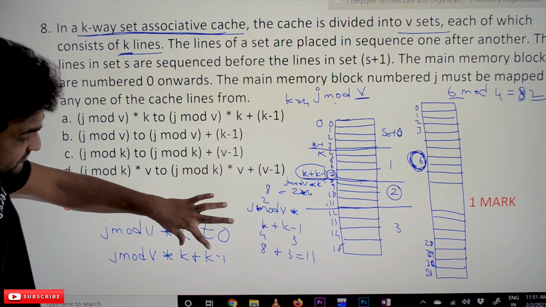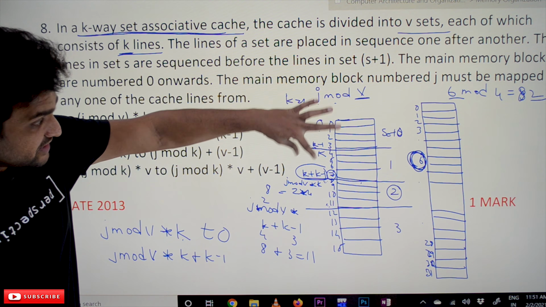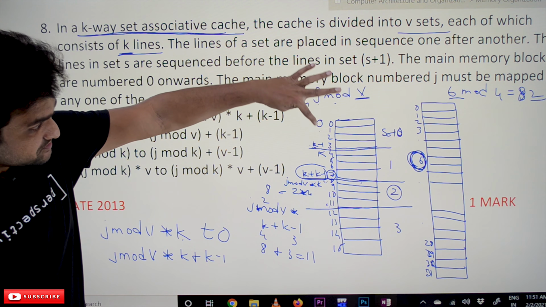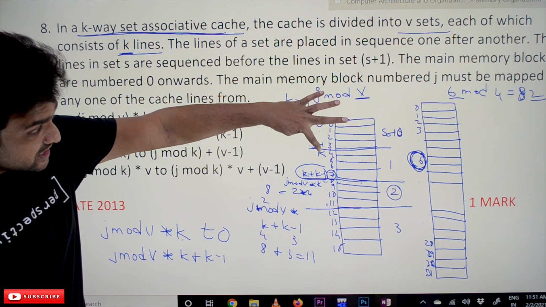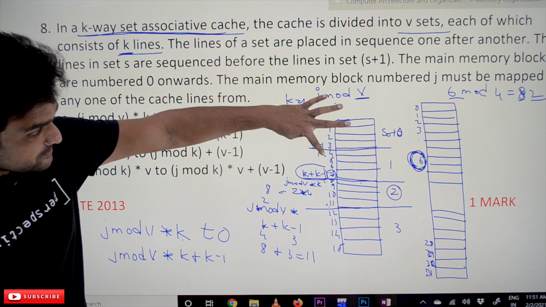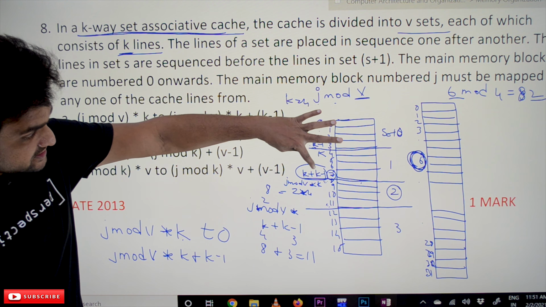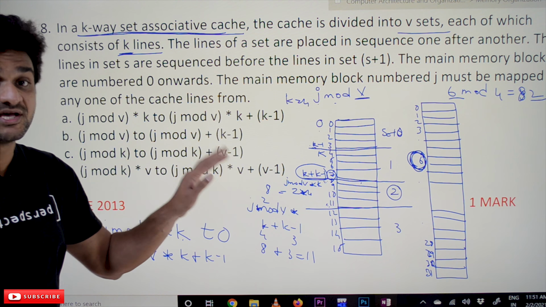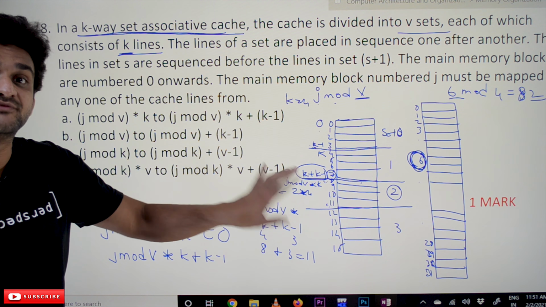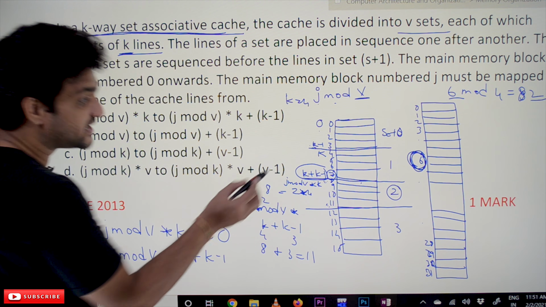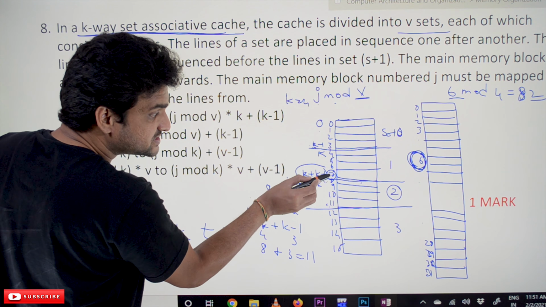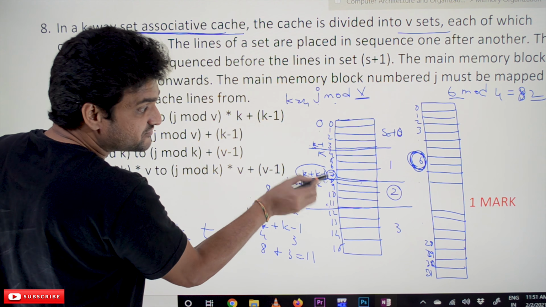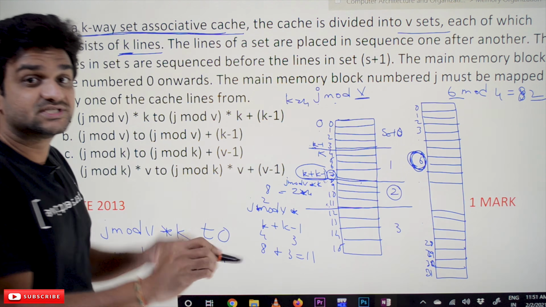So what is the logic for this k plus k minus 1? We have discussed. Here it starts from 0 to k minus 1, and this line is going to start from k and end at k plus k minus 1. That is 4 plus 4 minus 1, 4 plus 3, 7. So the range is from 4 to 7.